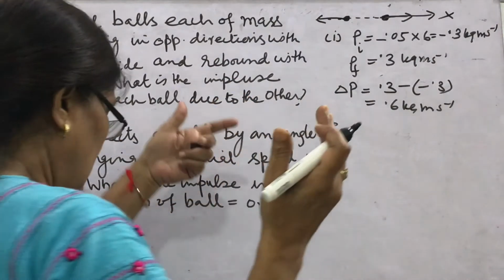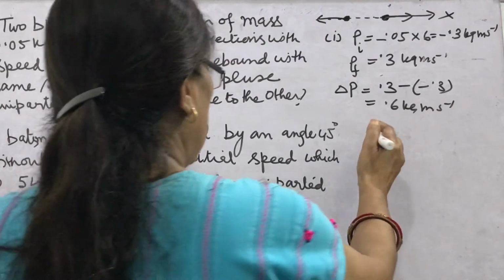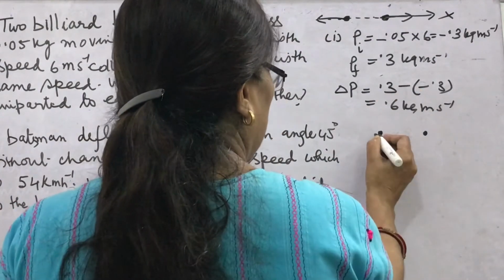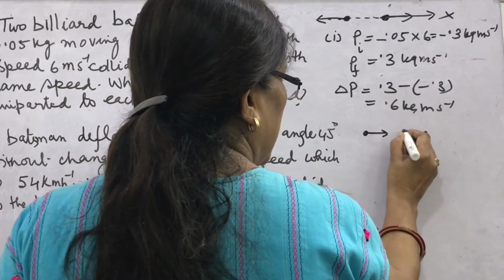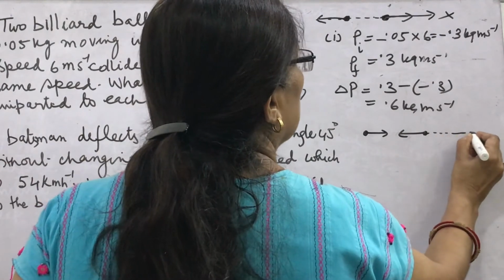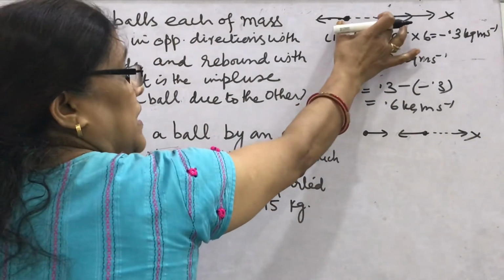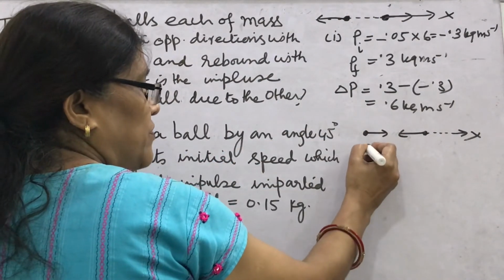What may be the other way if you take the balls? How will you find the other way? Suppose this is the first ball, this is the second ball, then this may be the case also that they are moving in this way. This is the positive x. You can take either this way or this way. Here, how will you find this?